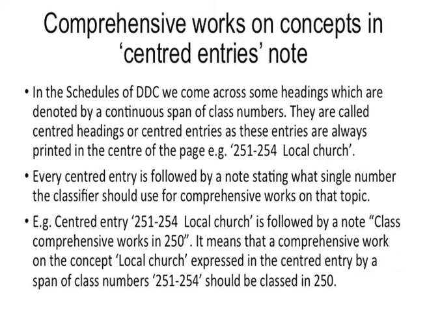It means that comprehensive works on the concept local church, expressed in the centered entry by 251-254, this span of class numbers, a general work on local church should be classed in 250. 250 will be assigned to any work which deals with these local churches in general. So, this is one type of note.